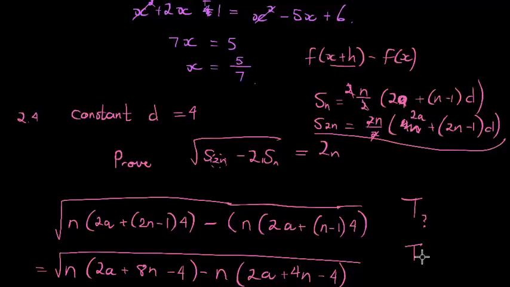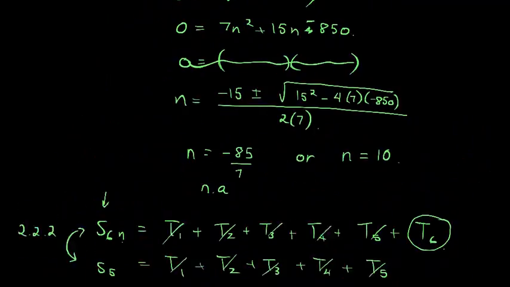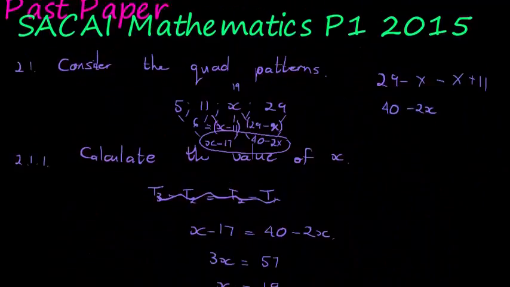So if there was a 2t, everywhere I see an n, I'll put a 2t. If there was an n plus 3, everywhere there used to be an n, I'll now put an n plus 3, in the original formula. Make sense? Good.